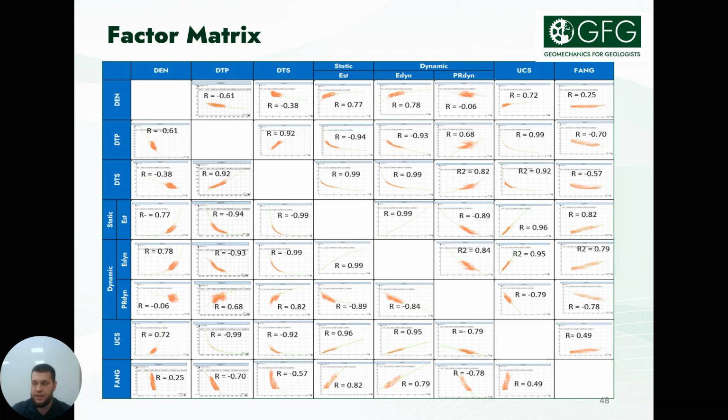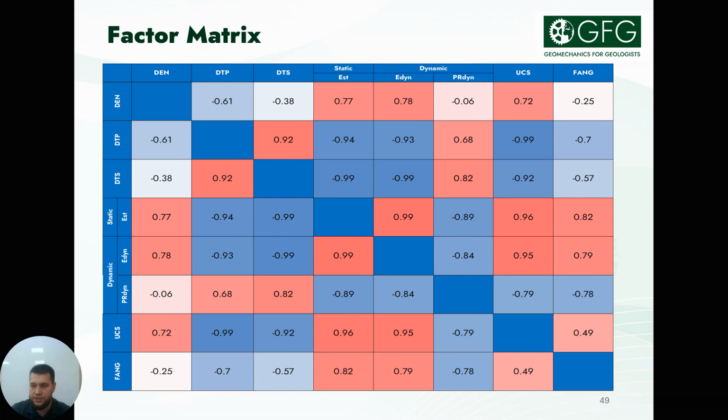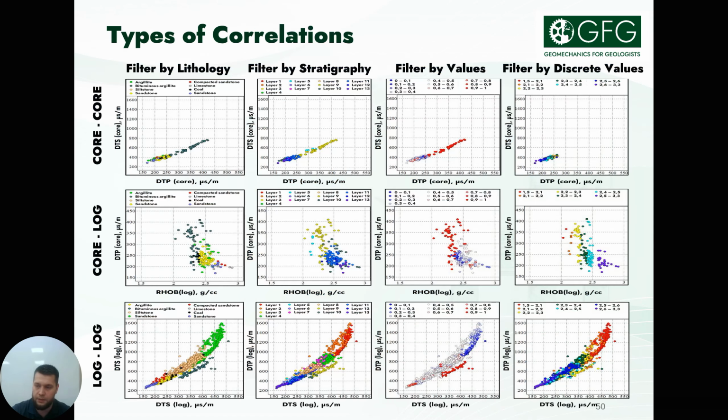For an express assessment, you can build a matrix of factors. The factor matrix includes core-core type correlation for different types of core investigation. In the same table, you can show the coefficient of determination and highlight them with color.